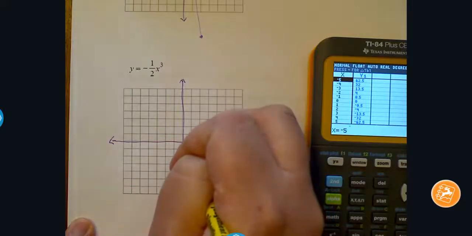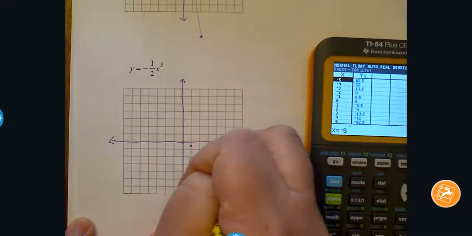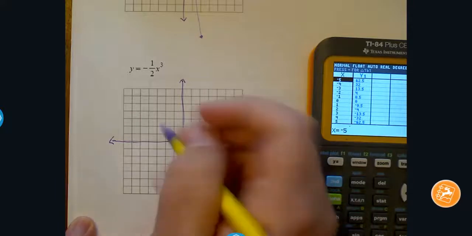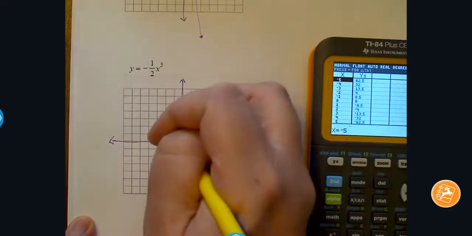And then 2, negative 4. And then negative 1, positive 0.5. And negative 2, positive 4.